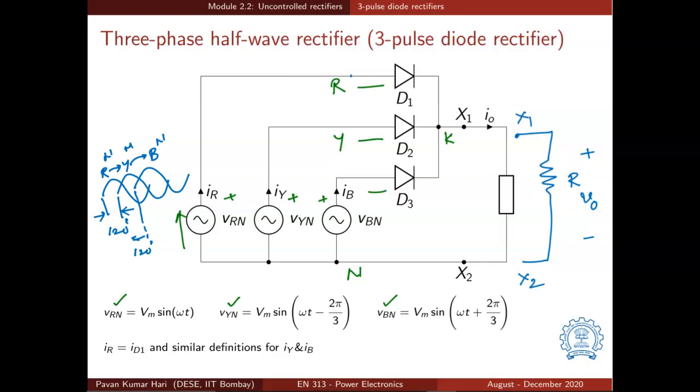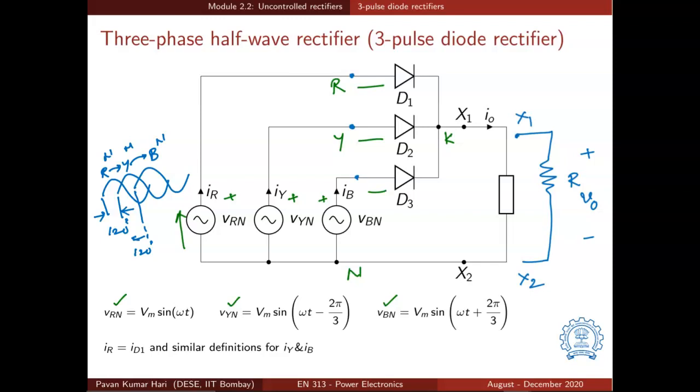That means we have three anodes here, R, Y and B points, and if R phase voltage is the maximum among the three, that is VRN, VYN, VBN if we compare them, and if VRN turns out to be the maximum at a given instant, at that instant D1 will be conducting.